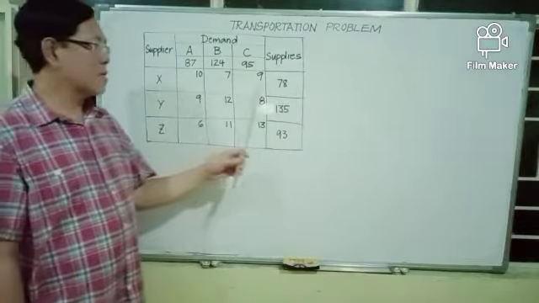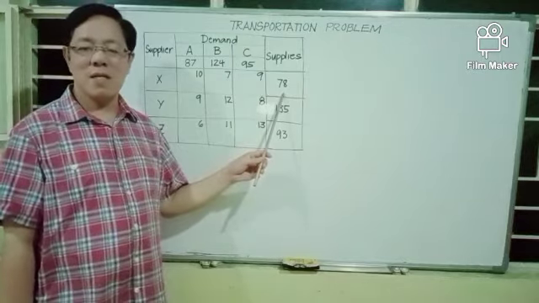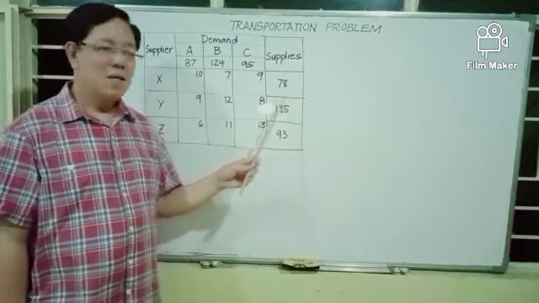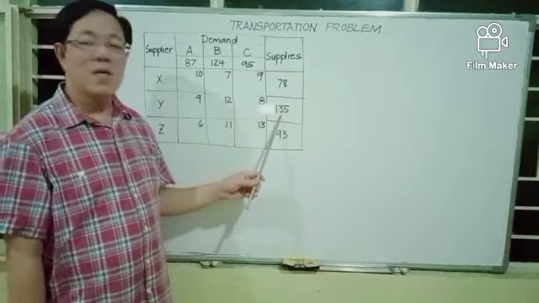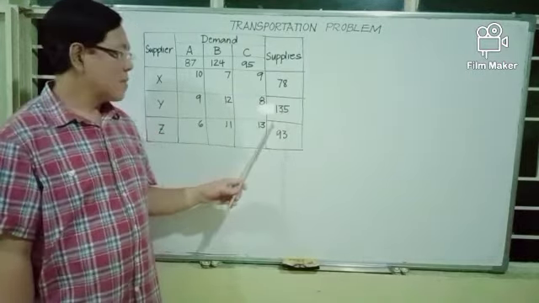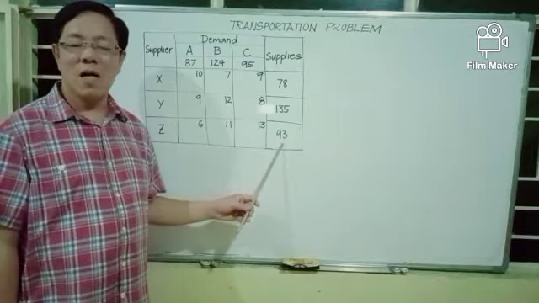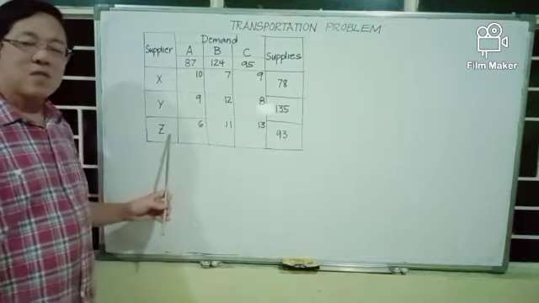Supplier X has 78 units in its warehouse. And supplier Y has 135 units and 93 units are available in supplier Z.